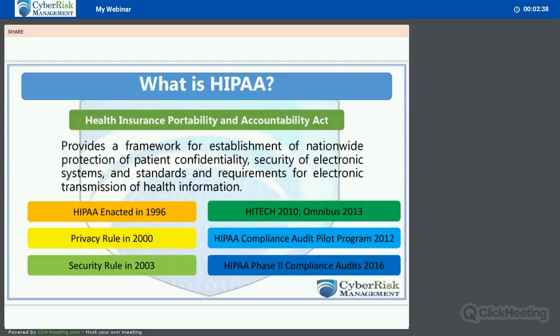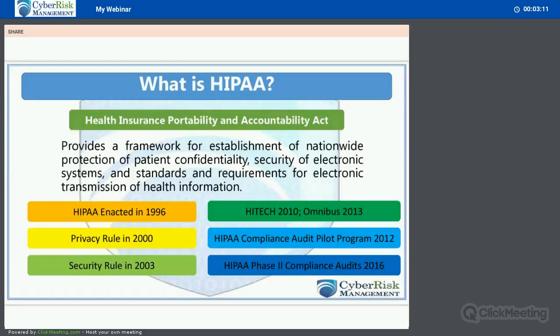Then the changes started happening pretty rapidly. In 2010 and 2013, we had the HITECH Act and the Omnibus Rule come into play. And those two really changed the way HIPAA needs to be managed. In 2012, HIPAA did a compliance audit program. They did 300 audits just to see how well the HITECH and Omnibus Act changes were helping to protect information.